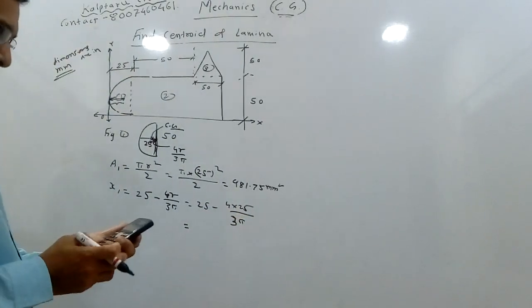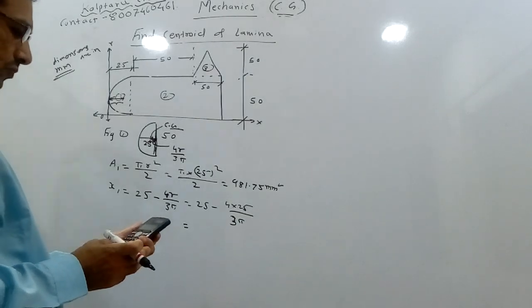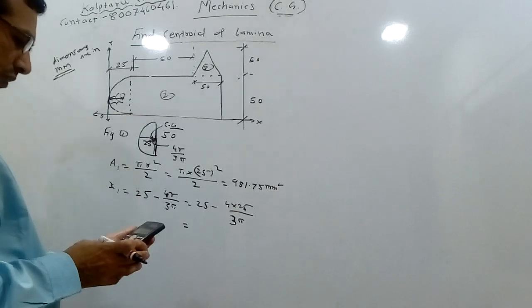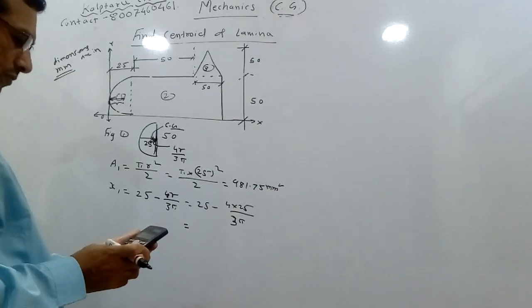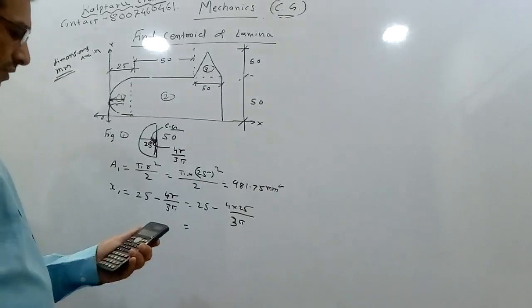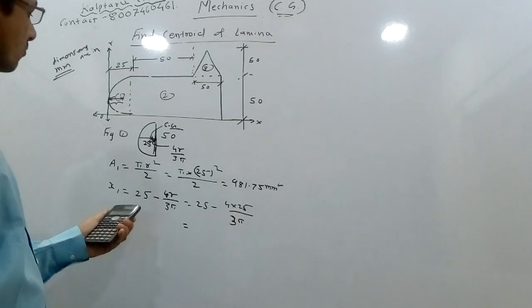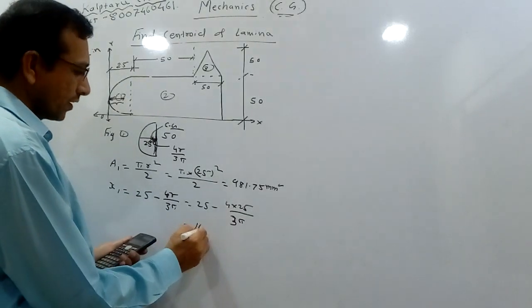So I again calculate 25 minus 4 into r, that is 25, divided by 3 into pi. So I get 14.38. How much do I get here? 14.30, means 14.39.